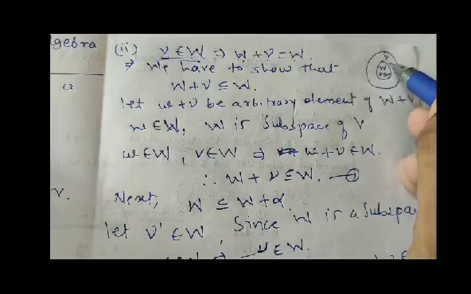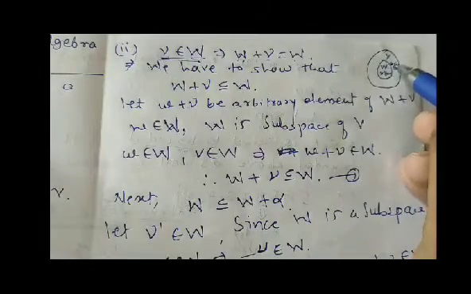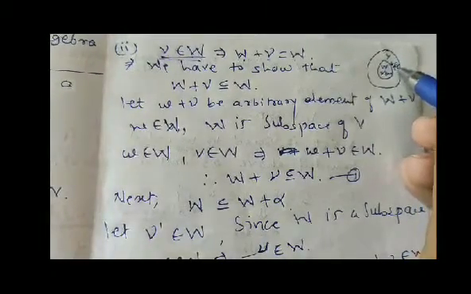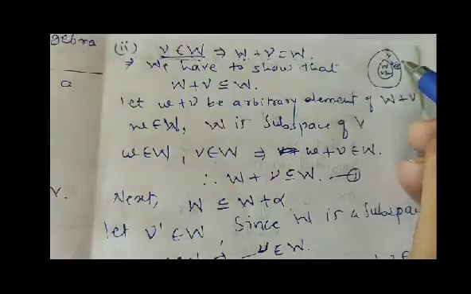And if we choose any nu belonging to capital V but not belonging to W, then we get the left coset, and that left coset may or may not be equal to W. I think you understand it.